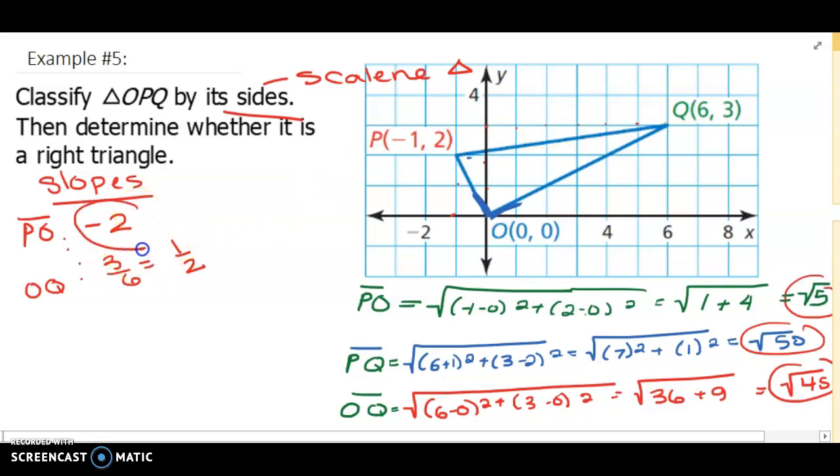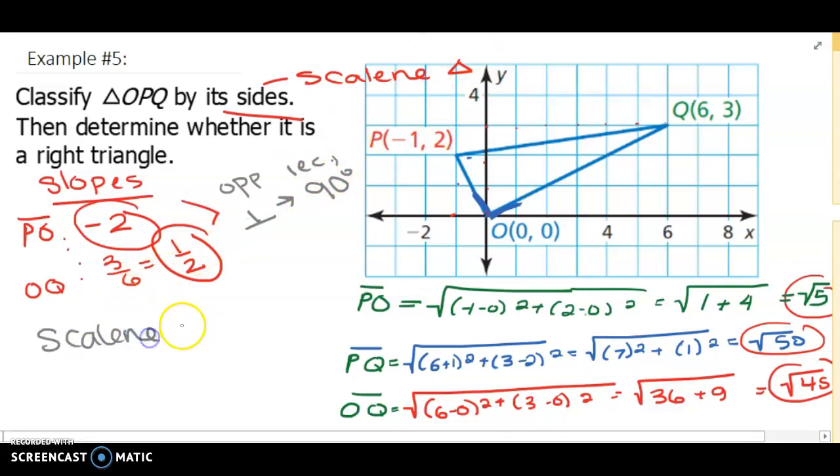And if I look, -2 and 1/2, these are opposite reciprocals, which means these two lines are perpendicular, which means they form a 90-degree angle. So I could say this is a scalene right triangle.